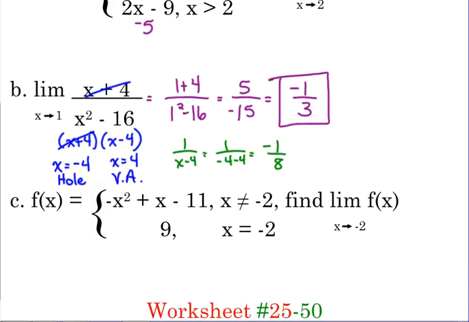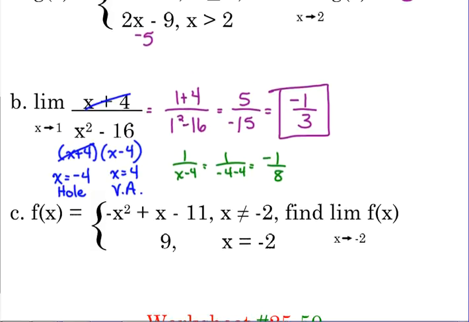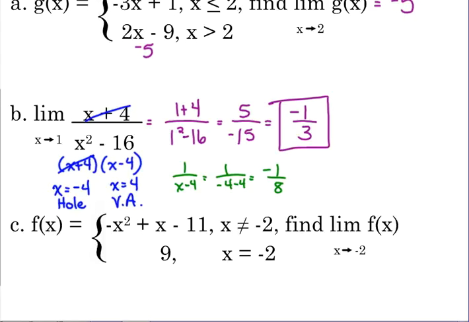All right. One more function here where it looks like the limit may not exist, but it truly does. Now, this is a different piecewise function. The ones that we've been doing up till this point have had the less than and the greater than. One side of the function looks like one graph. The other side of the function looks like a different graph. This is a little different.